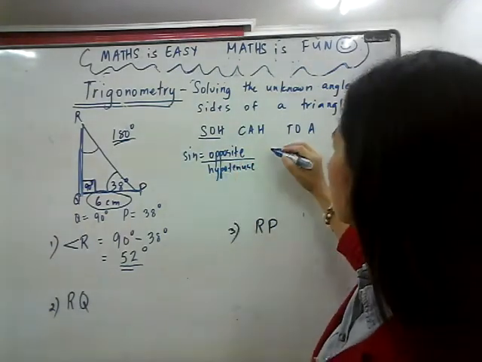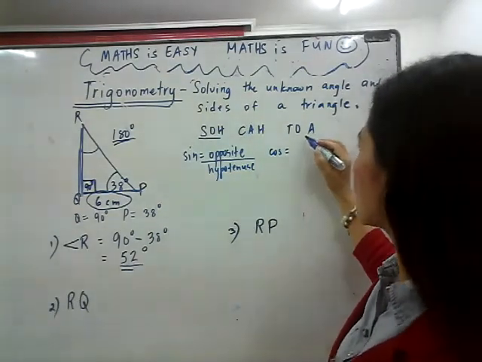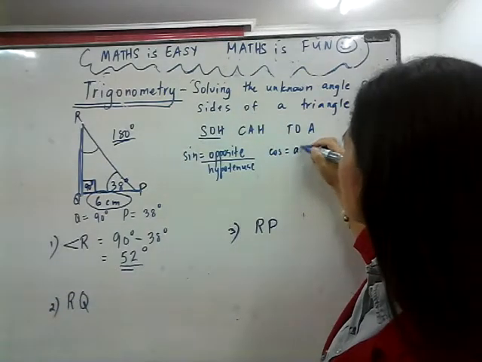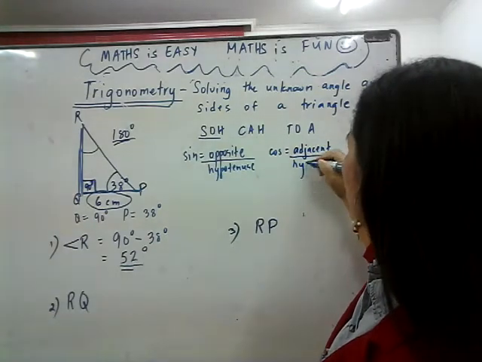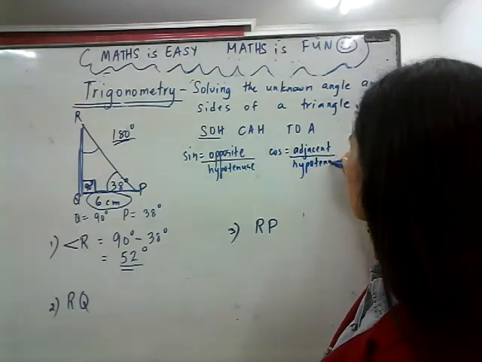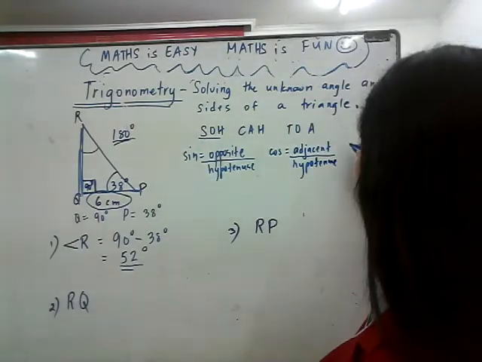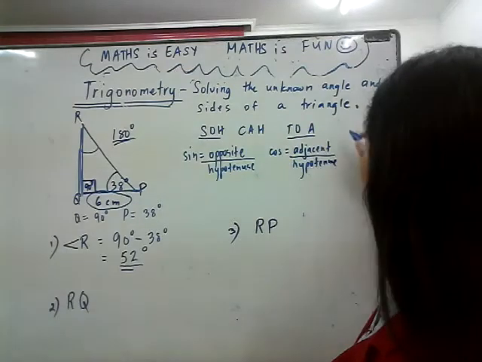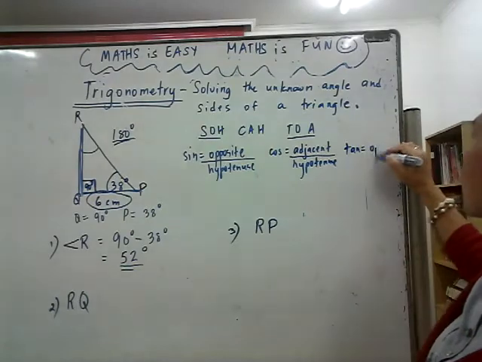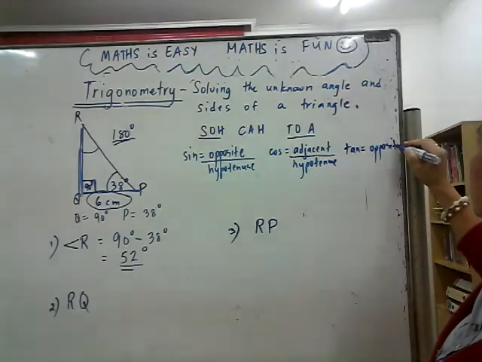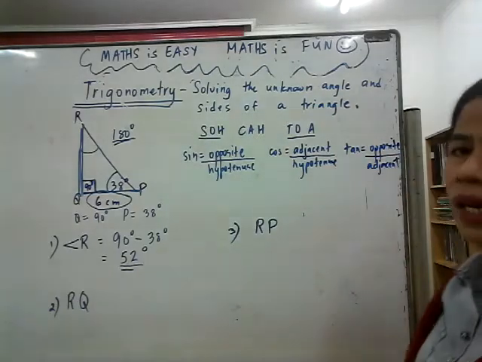While CAH refers to cos or cosine is equal to adjacent side divided by your hypotenuse. Okay. How about if it is TOA? TOA refers to tangent is equal to your opposite divided by the adjacent side.